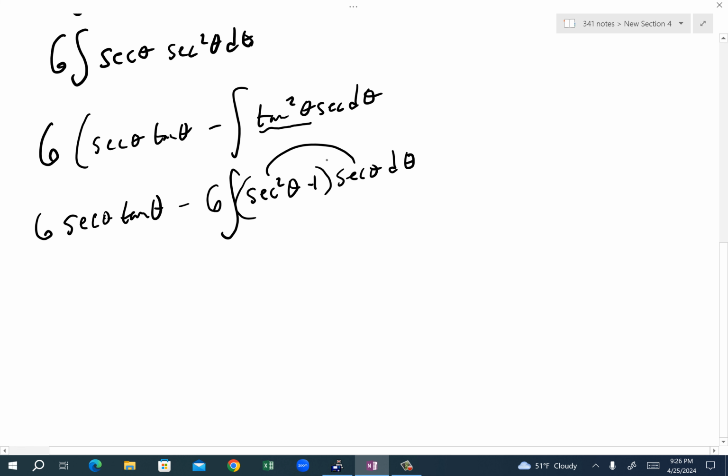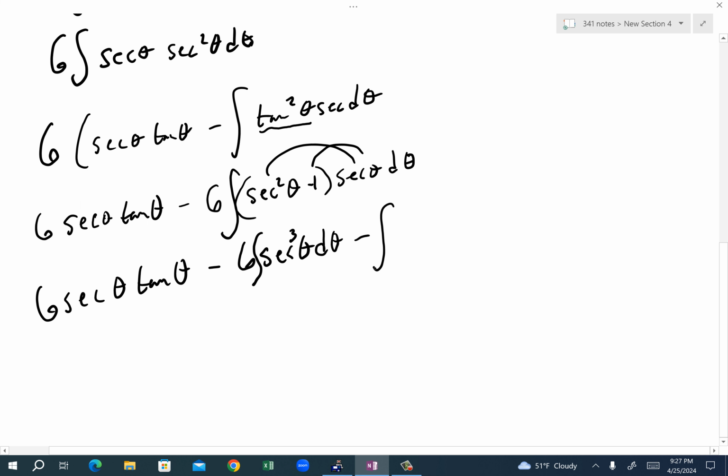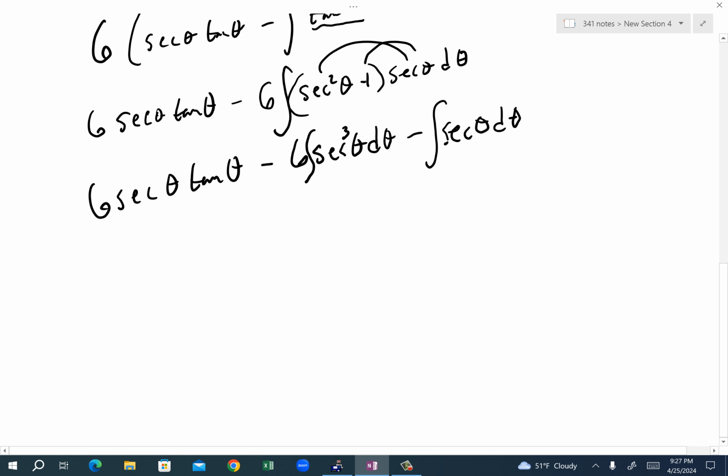If you distribute this, you get this. So I break that into 2 parts. That's handy. Nice.